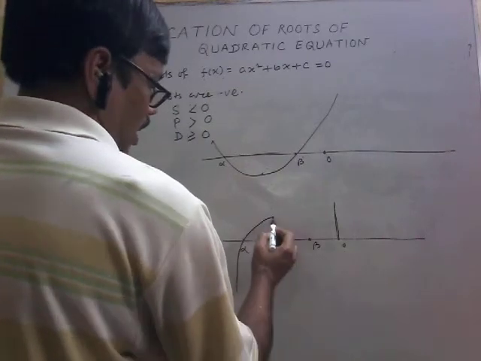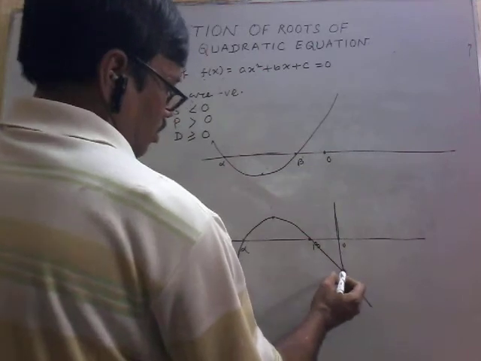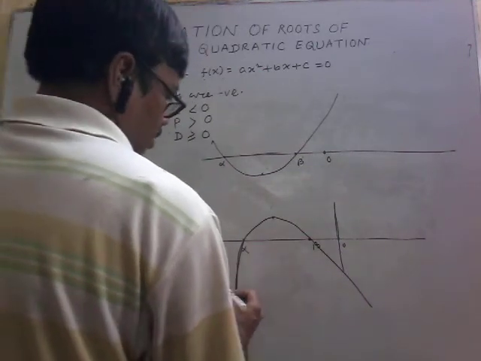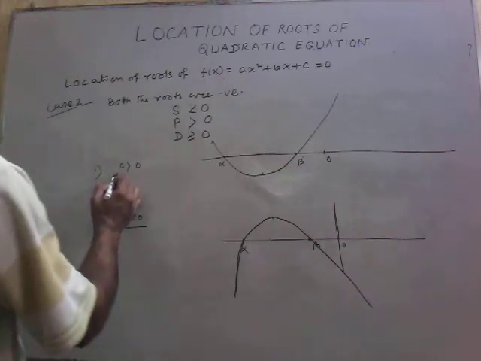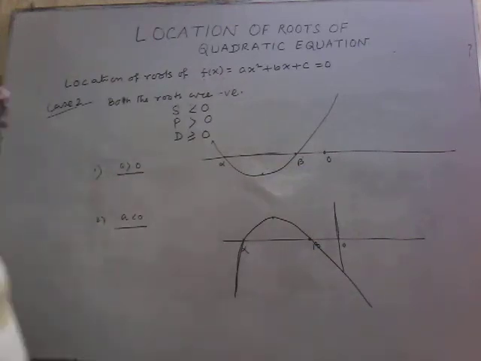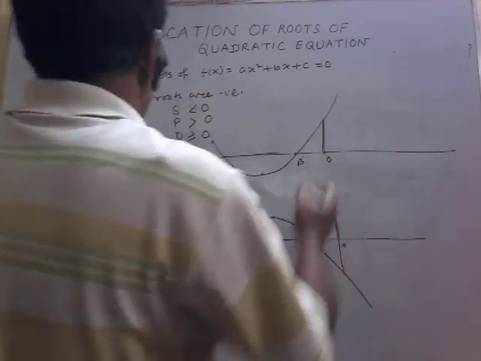So this one cuts the x-axis because, look, it has two roots. So look, a greater than 0. And this is f(0). f(0) is positive.